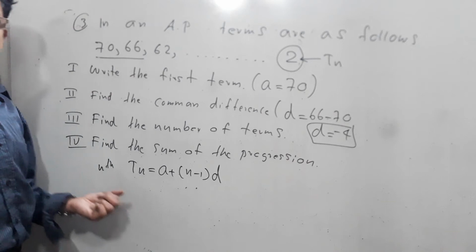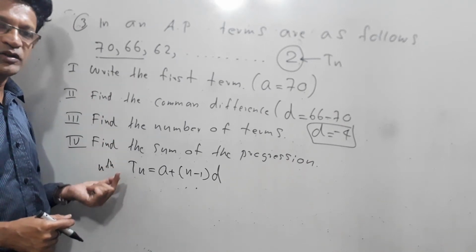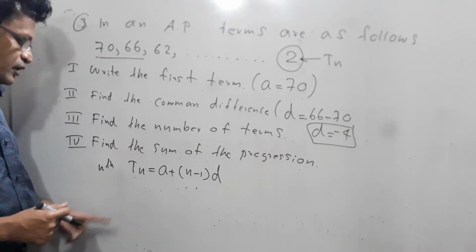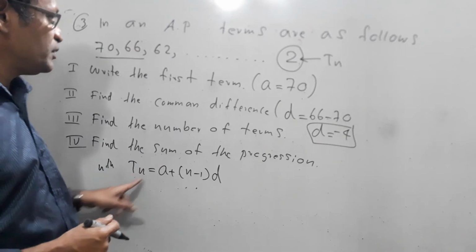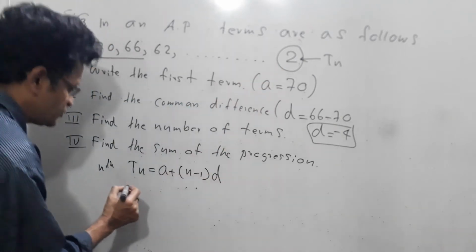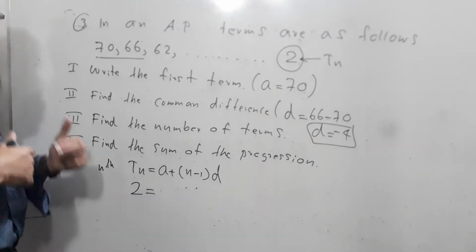My previous videos I have explained these things. So if you want, you can watch those videos, then you can get the idea. Right? Now Tn equal A plus n minus 1 d. Now we take nth term equal what? 2. Because our idea is to find what is n.